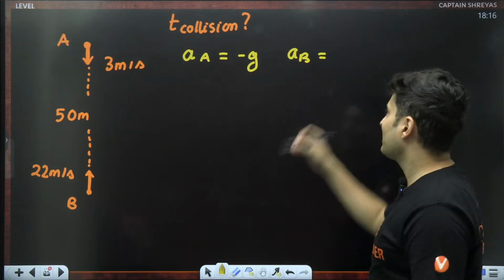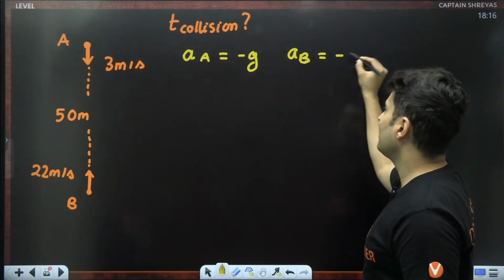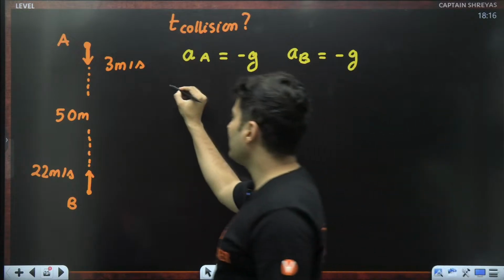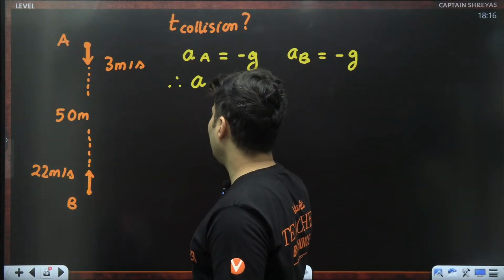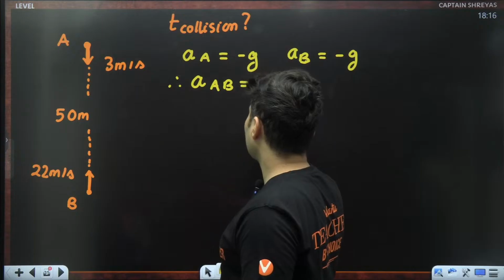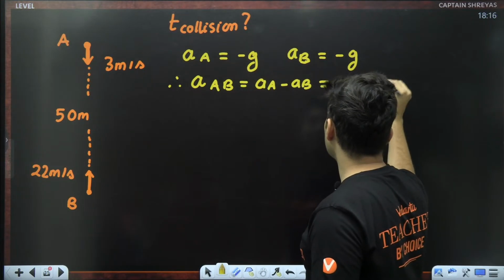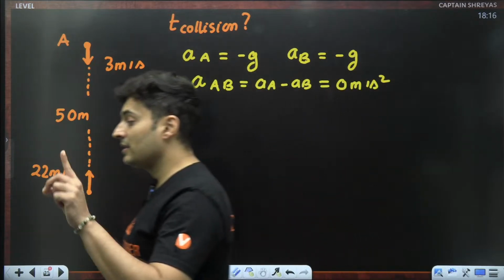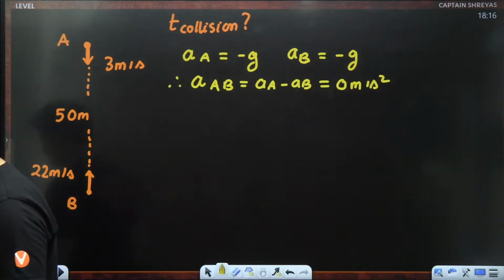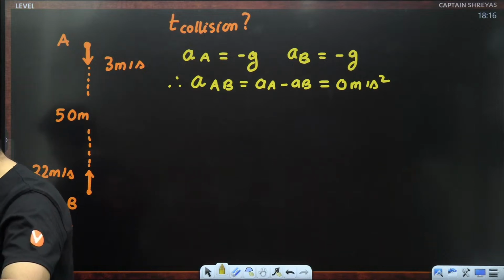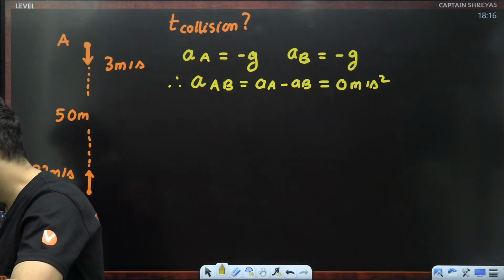Anything and everything always accelerates by the same amount. So the answer is still minus g. So what is the acceleration of A with respect to B? Acceleration of A minus acceleration of B, both are the same. So the answer is 0 meters per second square. Correct? Agree with this? Awesome.